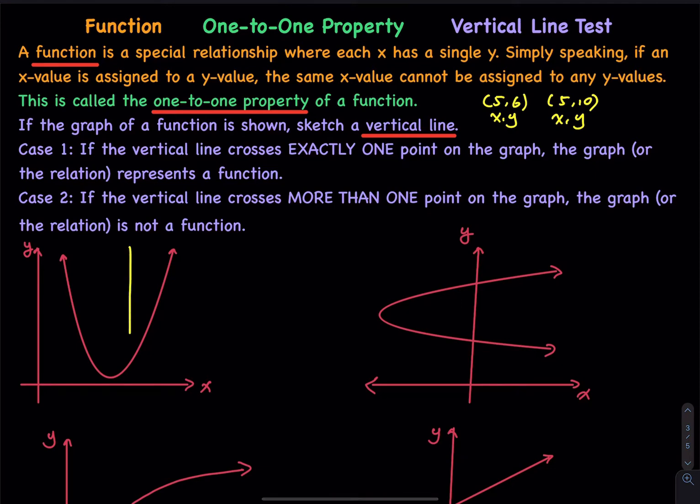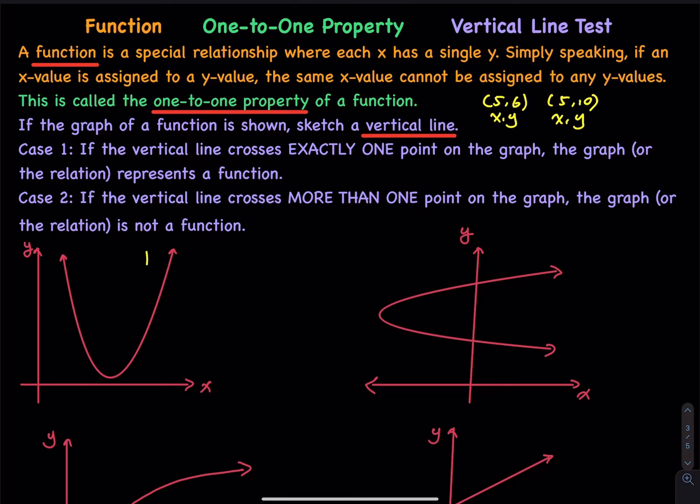So you draw a vertical line, and then you are going to ask a lot of questions. Hey, can I draw a vertical line right here? And can I draw a vertical line right here? The answer is you have to draw a vertical line within the graph. So since the x goes from, do you see there is an arrow? There is a left arrow and a right arrow. Can you draw a vertical line between these two arrows?